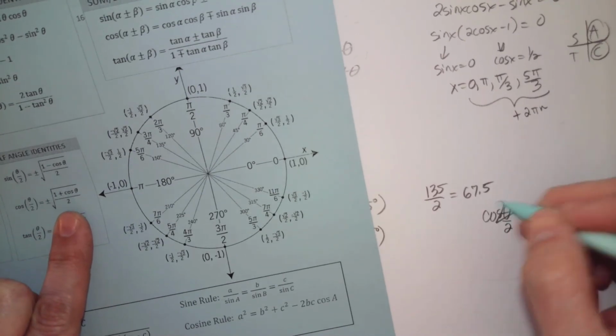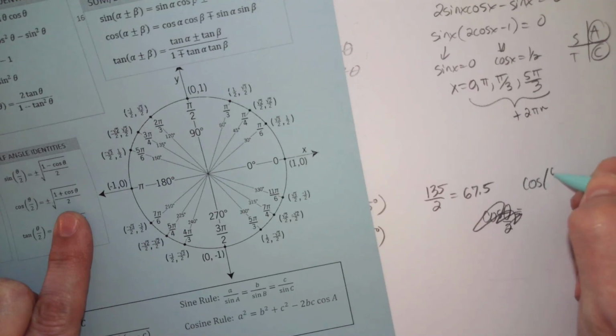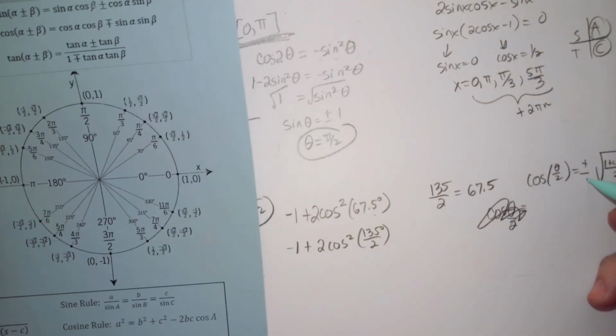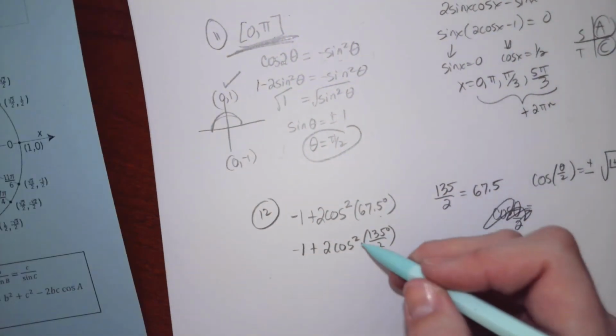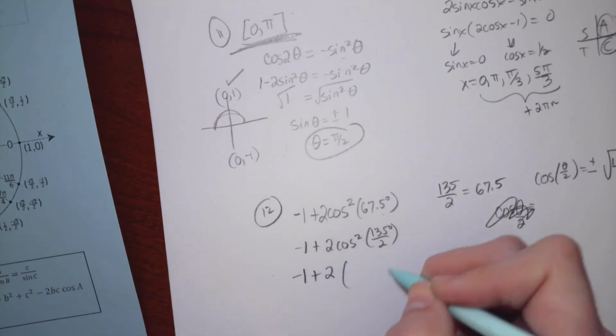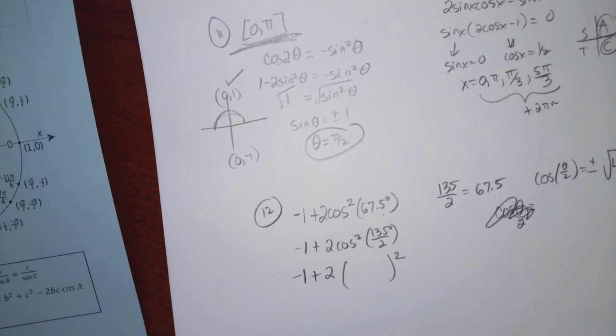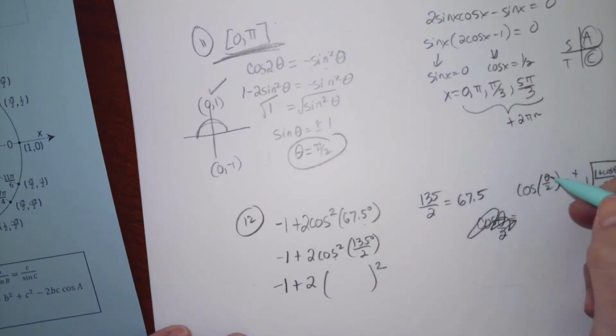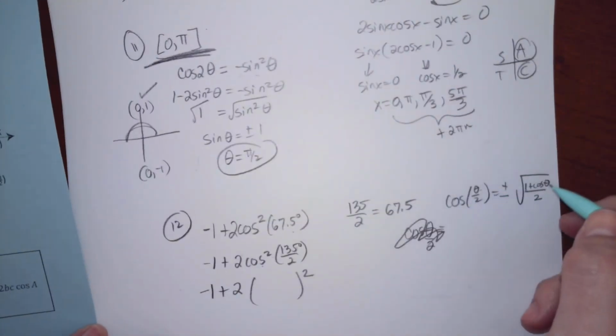Cosine of theta over 2 is plus or minus big square root of 1 plus cosine theta over 2. All right, now this plus or minus isn't going to matter either because we're squaring it. Okay, so I have negative 1 plus 2 something squared. So cosine of this, I'm going to put 135 where my theta is. So that means it goes right here.